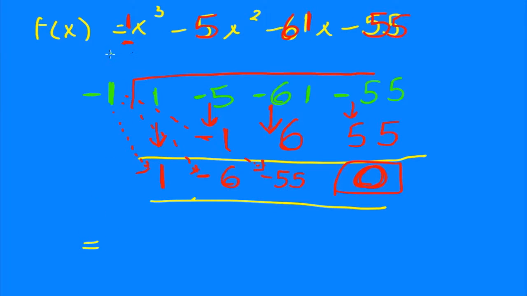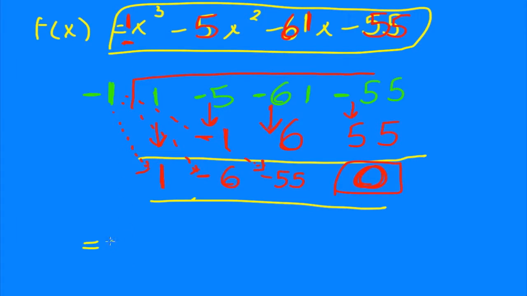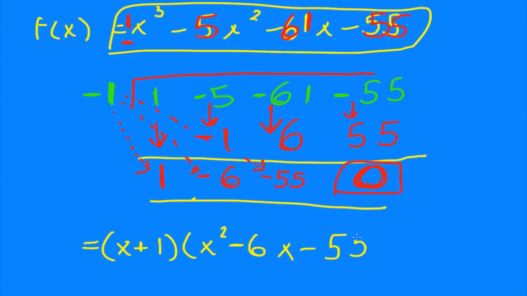You start with your x plus 1, which is your factor, times x squared minus 6x minus 55. You see how we just moved these numbers, it's 1 and -6 and -55.